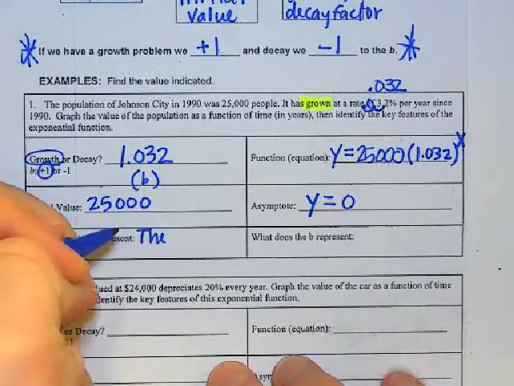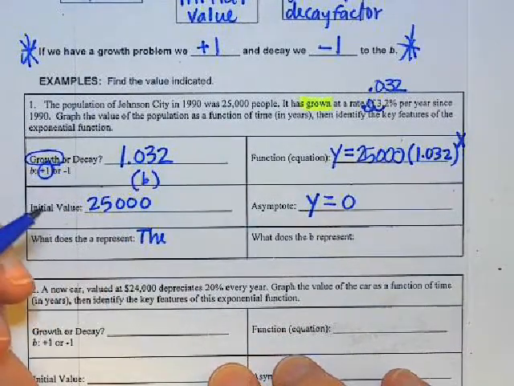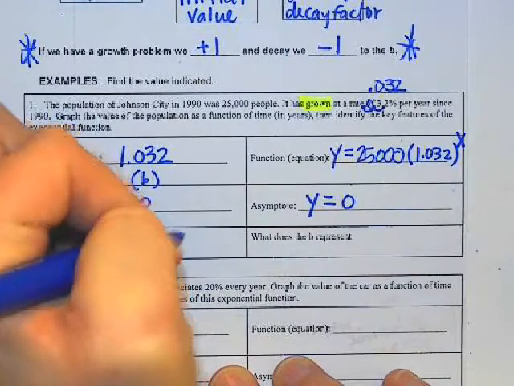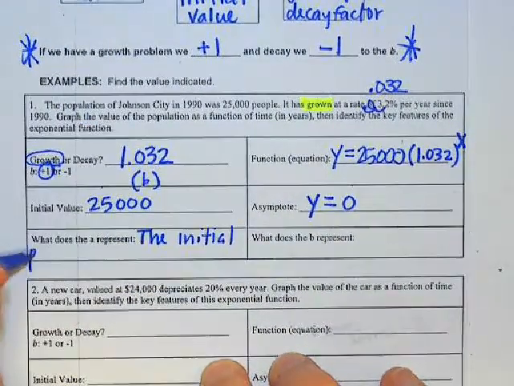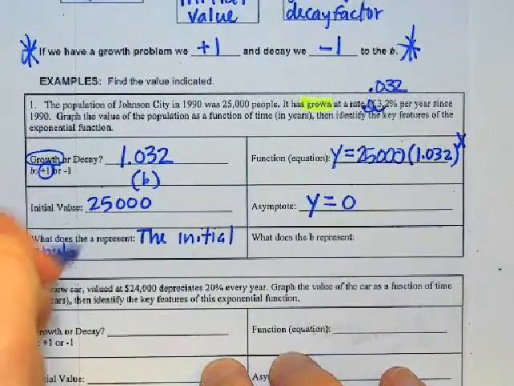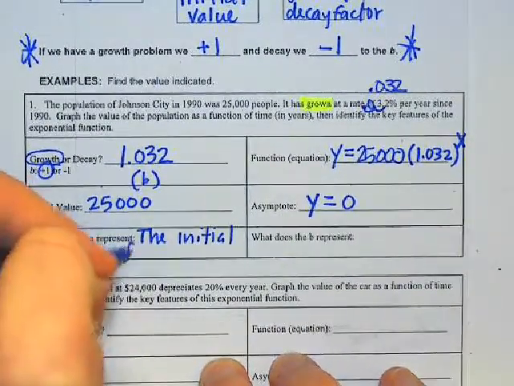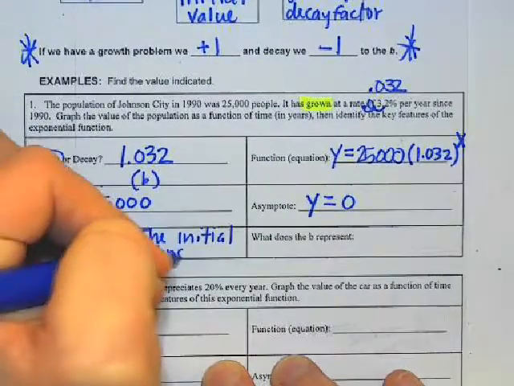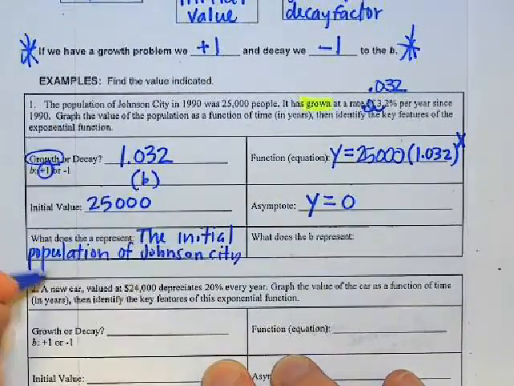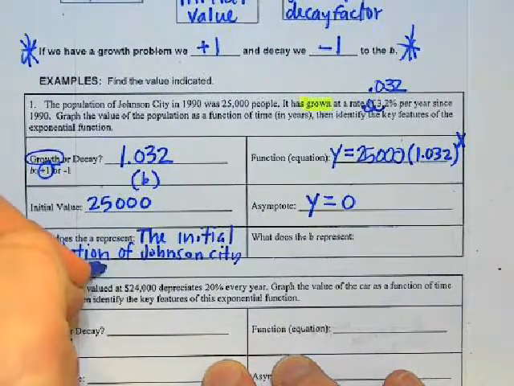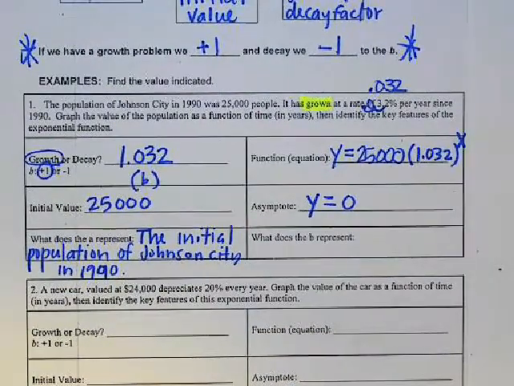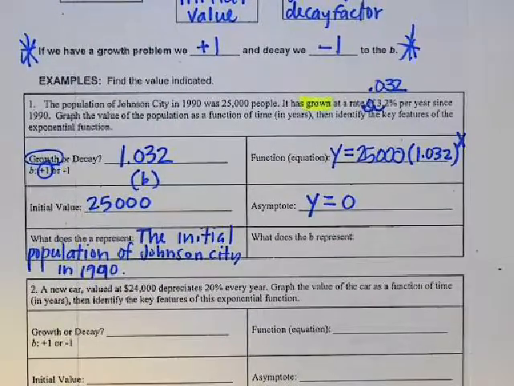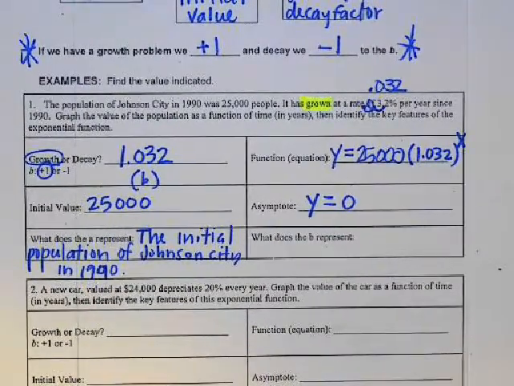The initial population of Johnson City in 1990. Make sure you got that initial word. The beginning, the initial, the start. You got to have those keywords in there.